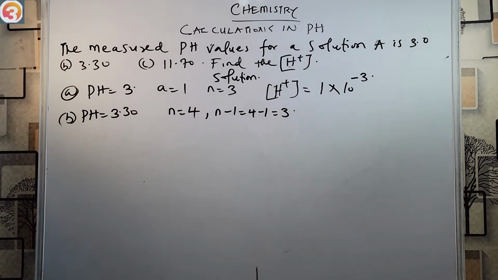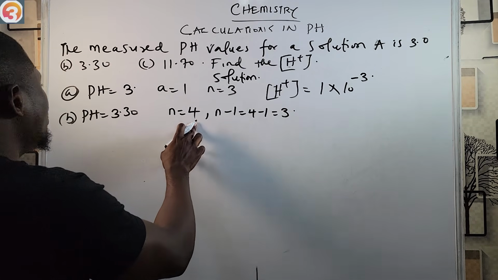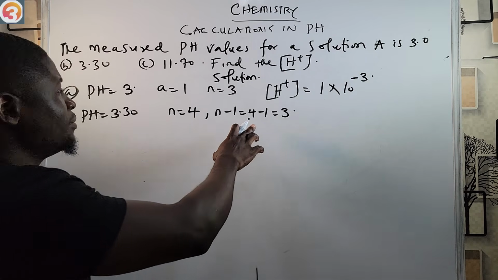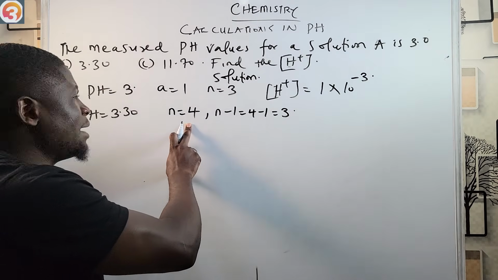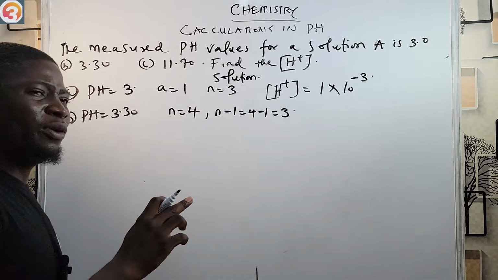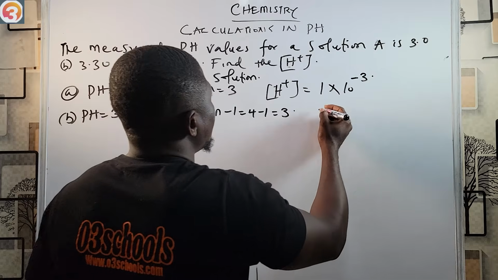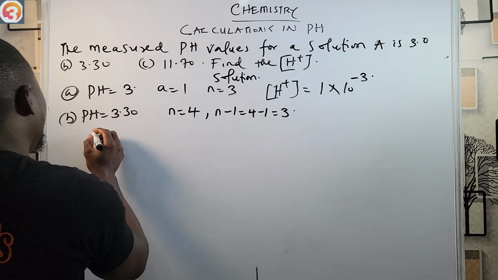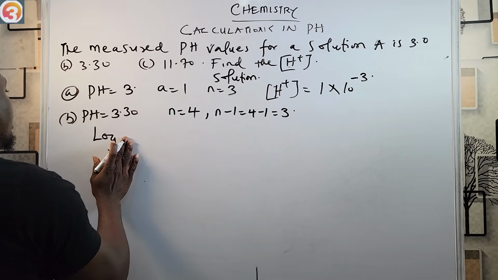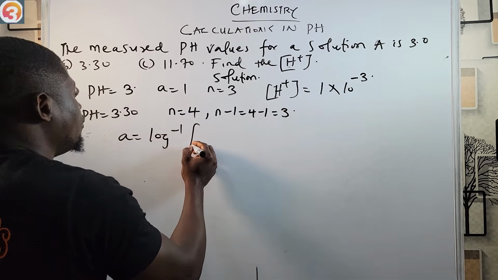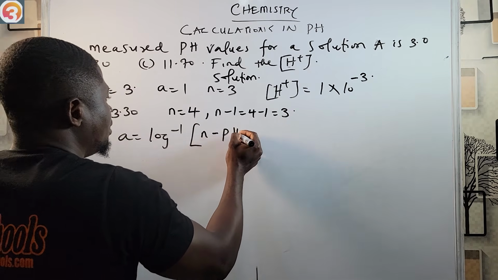Simple. So we know our n to be 4, and n minus 1 to be 3. If we know our n already, what is left is to find our a. So can I use our formula? We say that a is equal to log inverse of n minus pH.